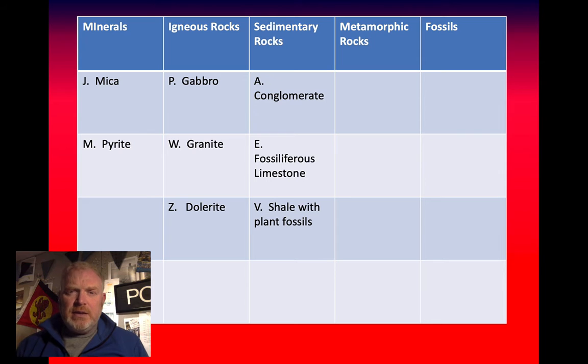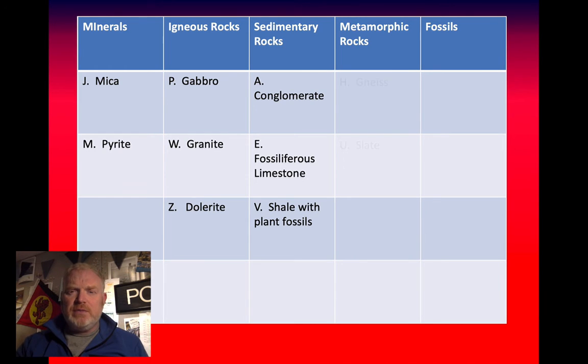Specimen A is a sedimentary rock called conglomerate. Specimen E is a limestone, but we describe it as being fossiliferous because it had fossils in it. V is a shale, and that contained plant fossils.